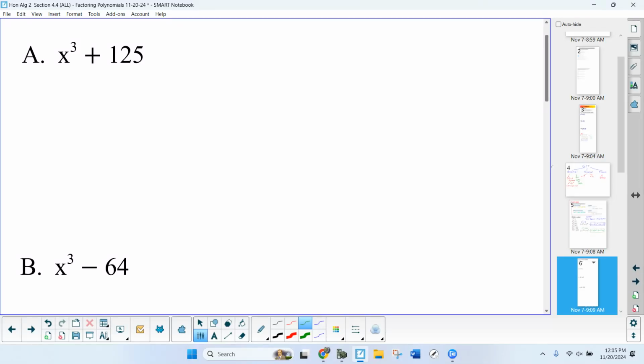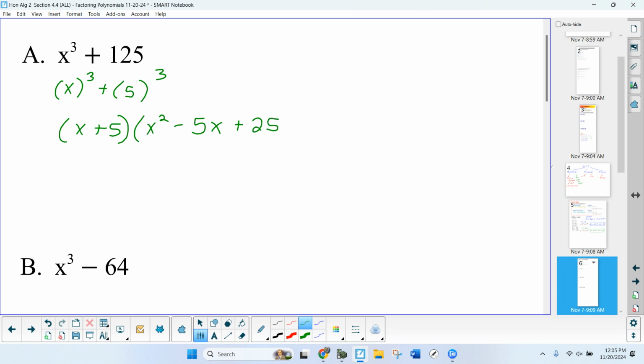All right, so on A, this is what cubed plus what cubed? X and 5. So what did you factor this into? X plus 5, x squared minus 5x plus 25. Same sign, opposite sign, always positive.